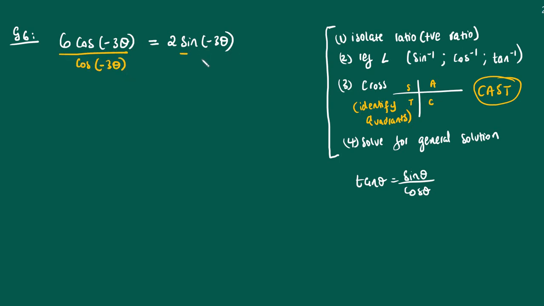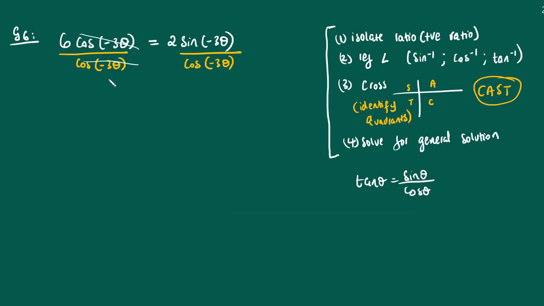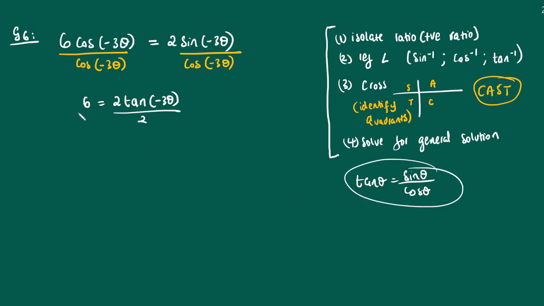Then this would cancel that, and you are left with 6 is equal to 2 tan negative 3 theta. The goal is to have sine over cos because that is tan. Then you divide by 2 both sides. Yes, ma'am.